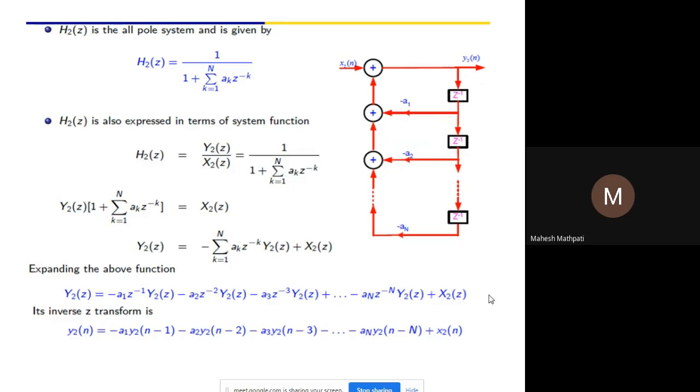H2 of z is the all-pole system and is given by H2 of z equals 1 divided by 1 plus the sum over k equals 1 to n of a_k z power minus k. Only the denominator part we are writing. Then the same procedure will be followed for this also, and with the same procedure we will get the final answer.